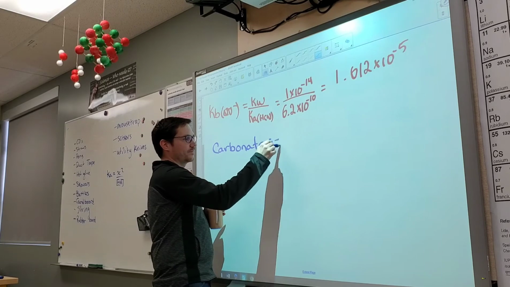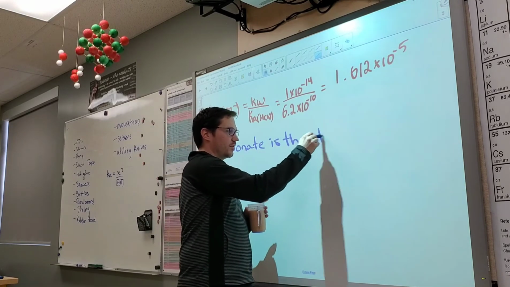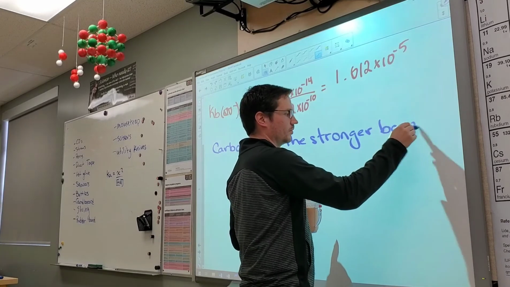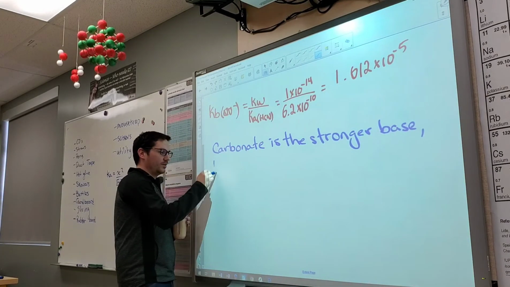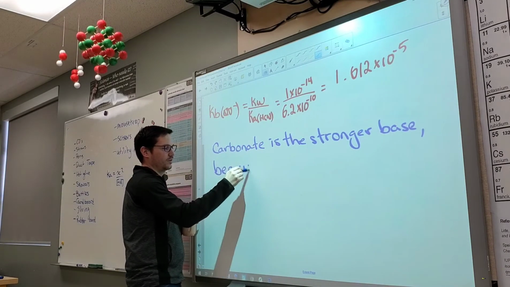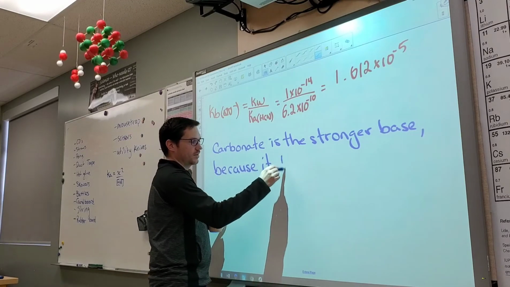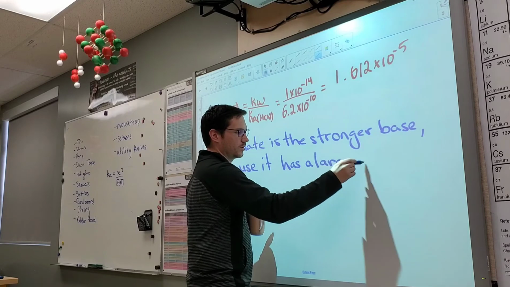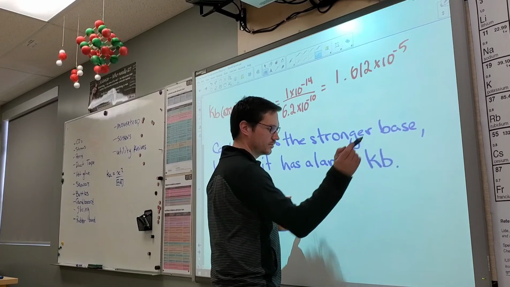Carbonate is the stronger base because it has a larger KB.